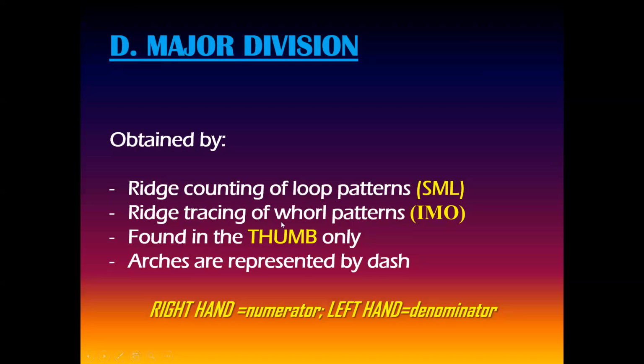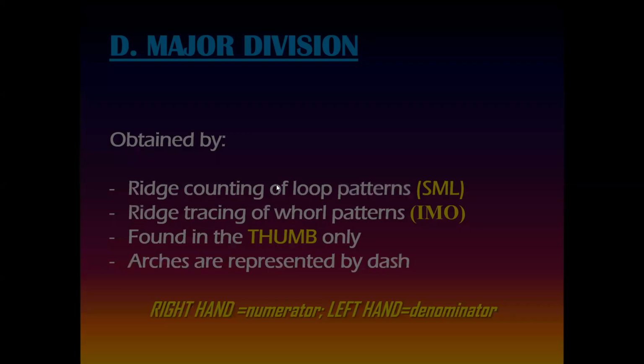If the patterns are whorl, then we make use of the ridge tracings with the symbol inner, meeting, or outer, depending on the tracing that we have done earlier. Again, we are only making use of thumb. In the absence of a loop pattern or a whorl pattern, we use dash, especially in cases of arches. Okay, so the right thumb is the numerator, and the left thumb will serve as the denominator.